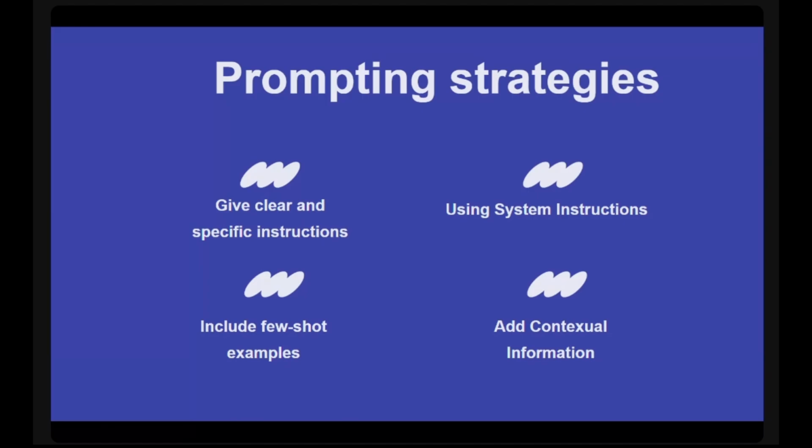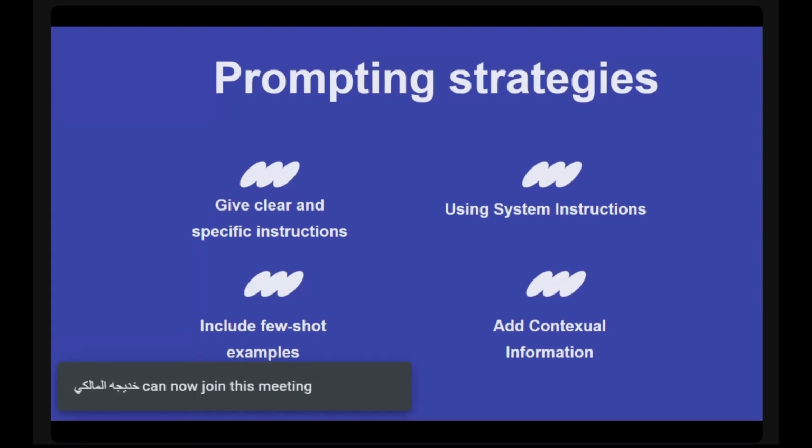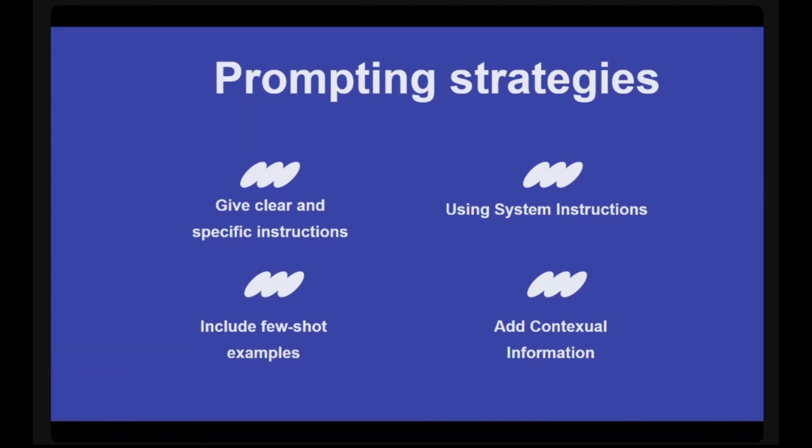Then the contextual information means the background and some more details of your plan, of your vision that you thought of. That is called contextual information. The context of the problem, the context of the task that you want to be done.